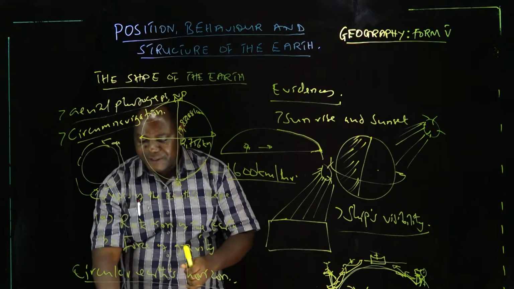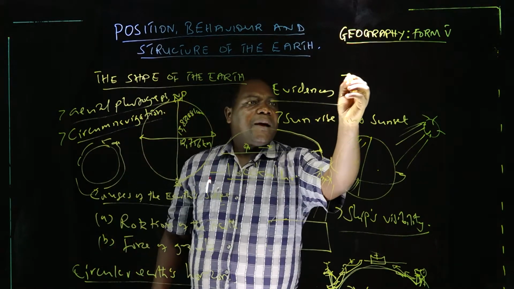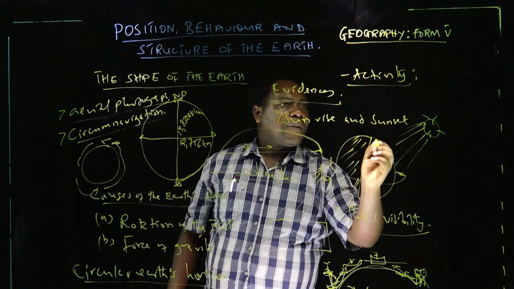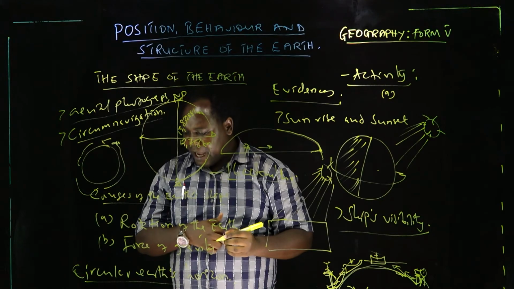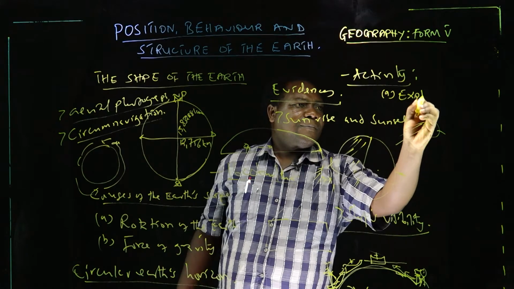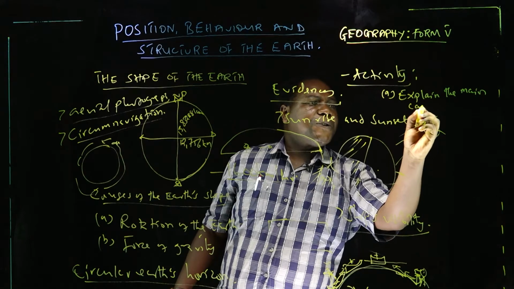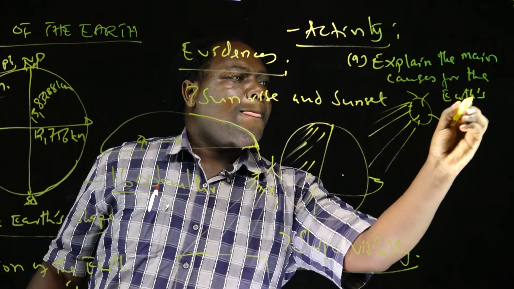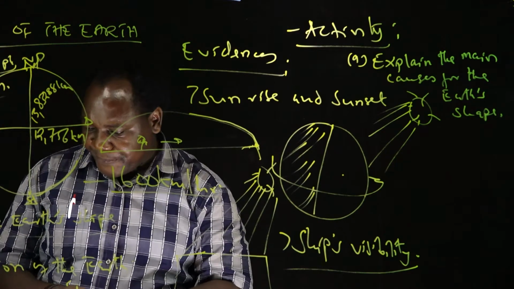As the learning activity for this part, my dear student, activity number 1: explain the main causes for the earth's shape.